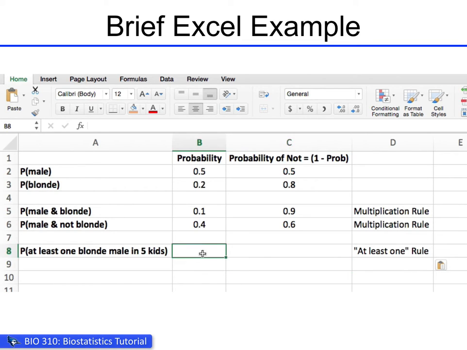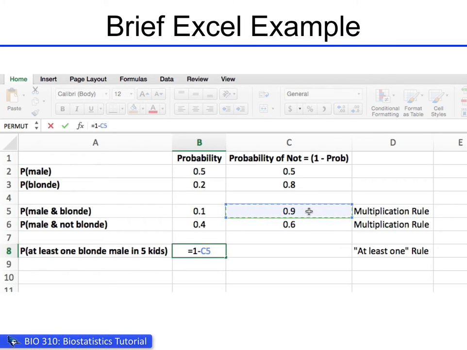So remember that the at least one rule is equal to 1 minus the probability of not meeting these criteria, so the probability of not being blonde and male. So being male and blonde is 0.1. The probability of being not male and blonde is this 0.9 here.